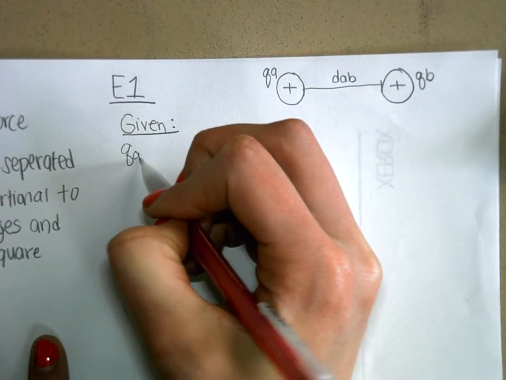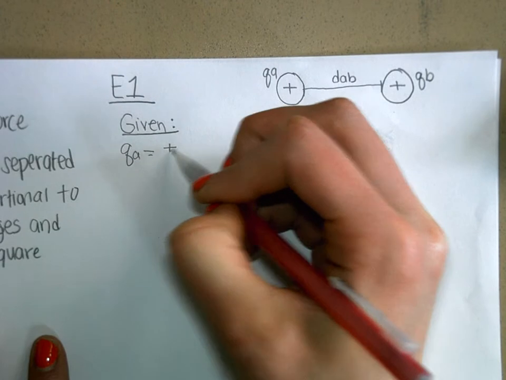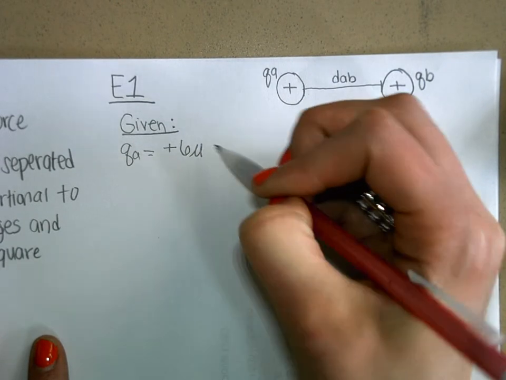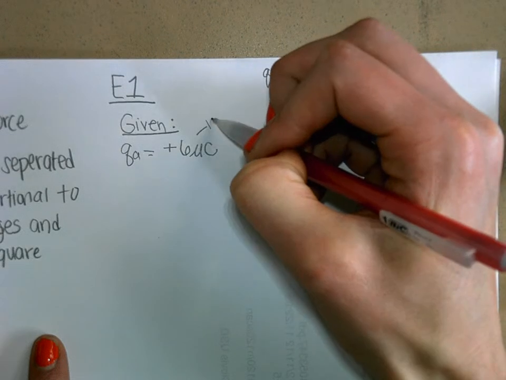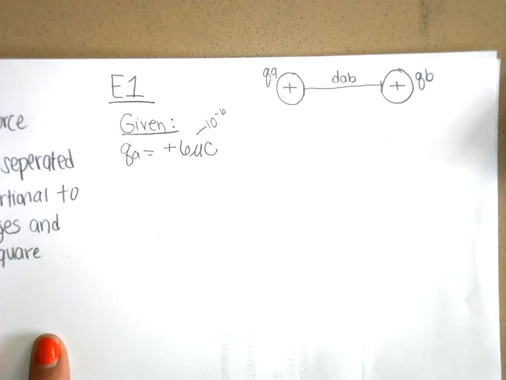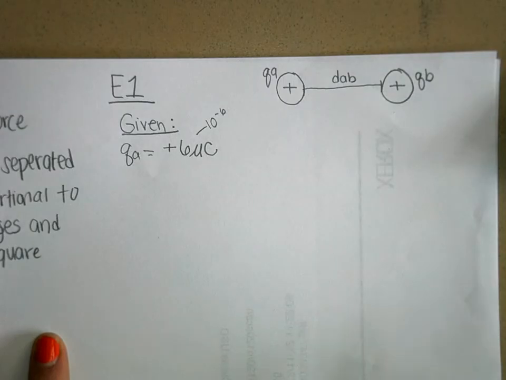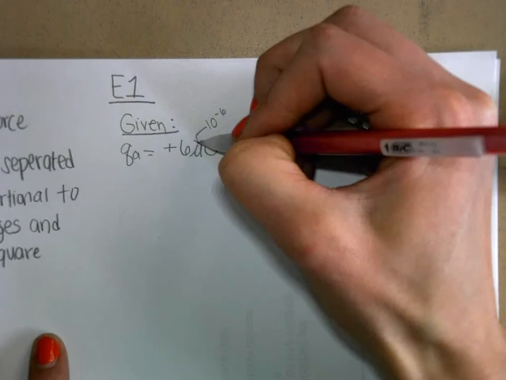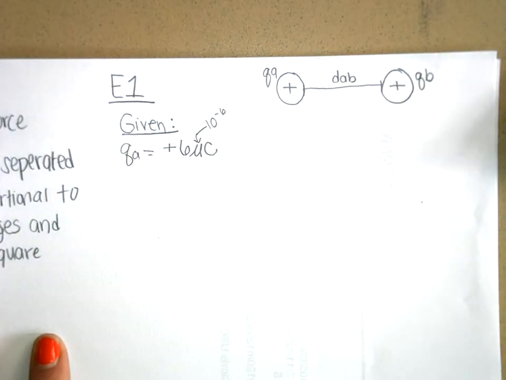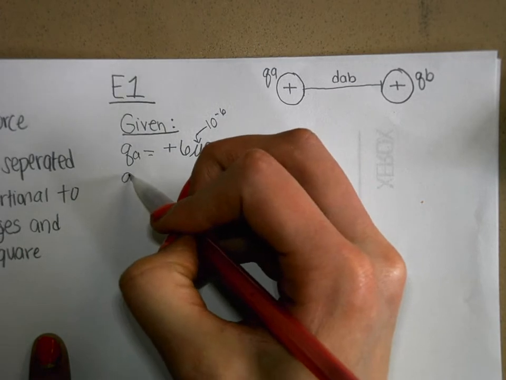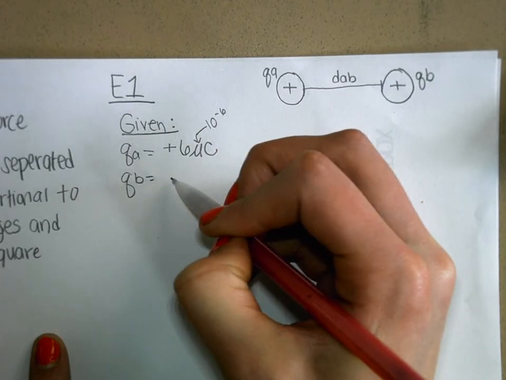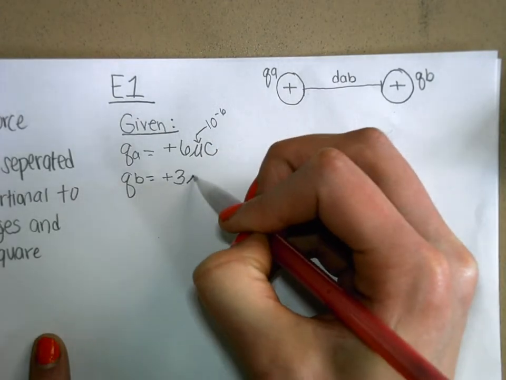Charge A is equal to positive 6 microcoulombs. The prefix micro just stands for 10 to the negative 6, just a shorter way of writing it. When you put it in your calculator, you still need to write out 6 times 10 to the negative 6. And then we know charge B is positive 3 microcoulombs.